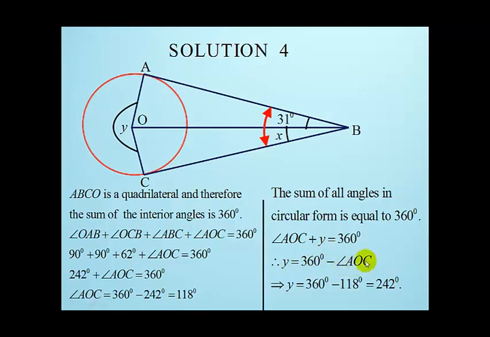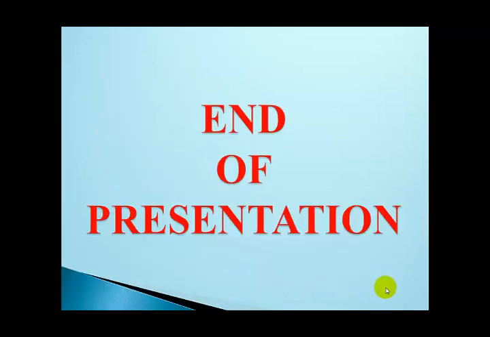From our calculation, angle AOC is 118 degrees. This implies that y is equal to 360 degrees minus 118 degrees, and the answer is 242 degrees. This is the end of our presentation on circle theorems.